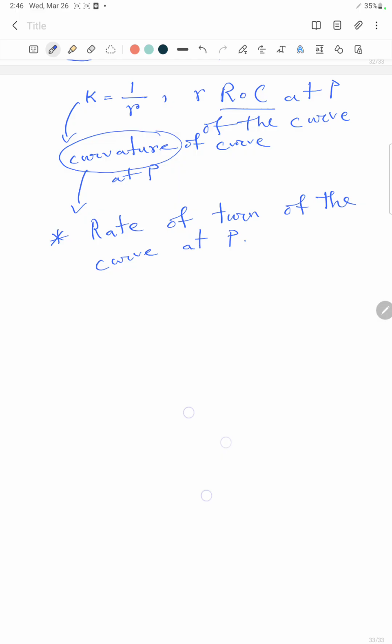So we can just simply check it. You take a circle with a big radius, and at the same time you take a circle with a small radius. So now you see what is the difference. Suppose this is a point P. If you take the circle with a big radius, suppose you take this portion around this point P. So around this point, how does the tangent turn?